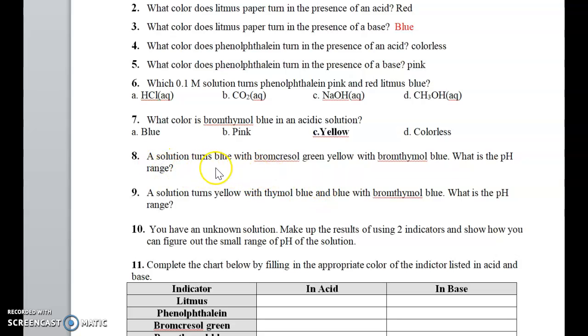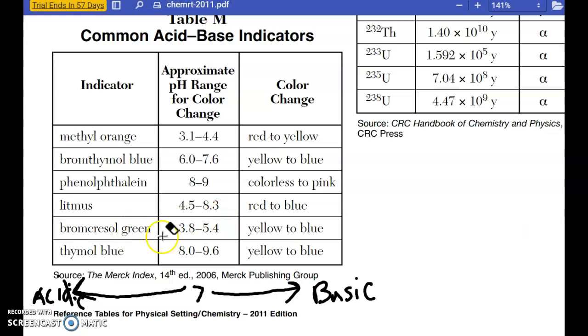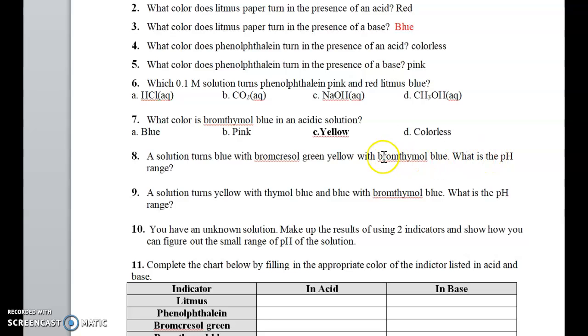Number 8, a solution turns blue with bromocresol green and yellow with bromothymol blue. What is the pH range? Ooh, this is a fun problem. We have two indicators to pay attention to. If it's blue in bromocresol green, it has to be above a pH of 5.4. The second part of the problem said yellow with bromothymol blue.